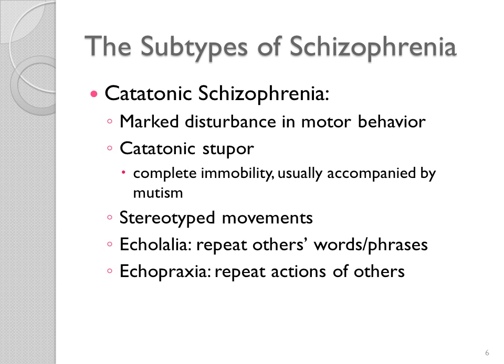Usually these poses are accompanied by mutism. So this means they are not talking. They may also engage in stereotyped movements, so arm flapping, things like that, and echolalia. They'll often repeat other people's words, and echopraxia, repeating the actions of other people.